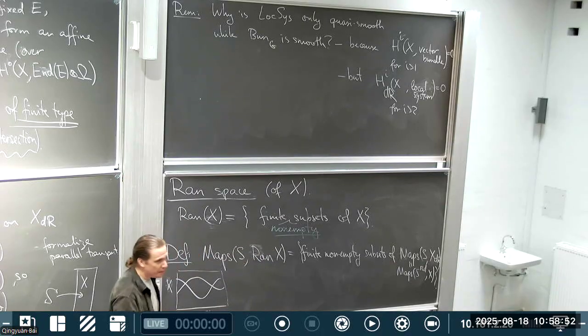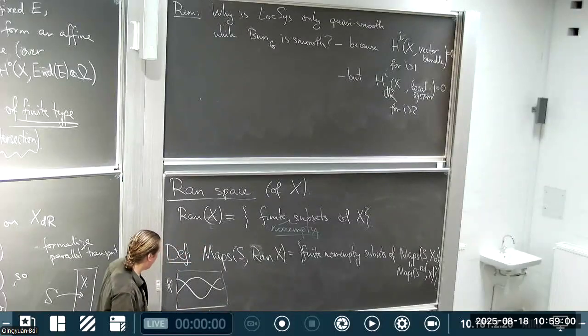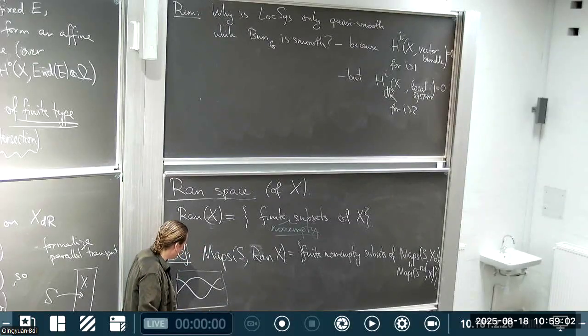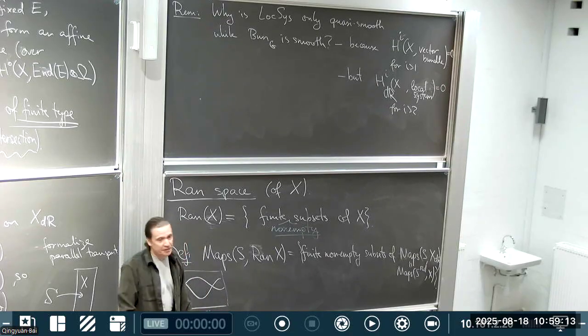For practical purposes, we're just talking about a finite subset of X, and here I'm trying to define what a family of finite subsets over a base must look like.